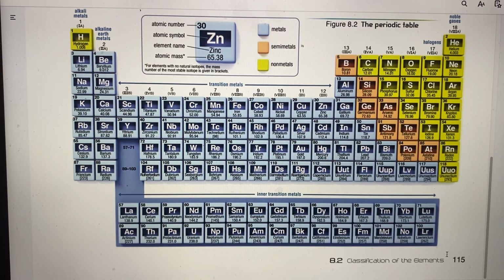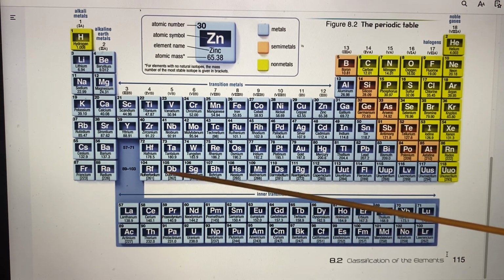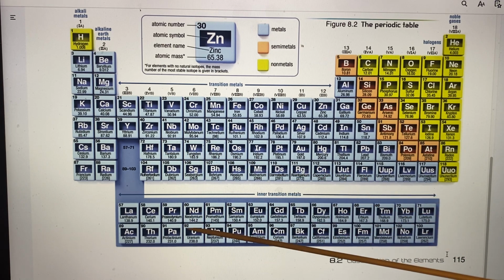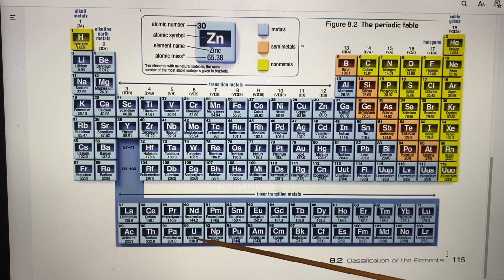Then on to uranium. Let's see, uranium. And let's find out where uranium is. I have sometimes a hard time finding things on here. Let's see. I can find uranium. It's a metal for sure, and it's down here.